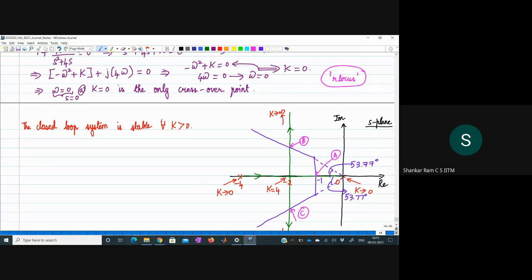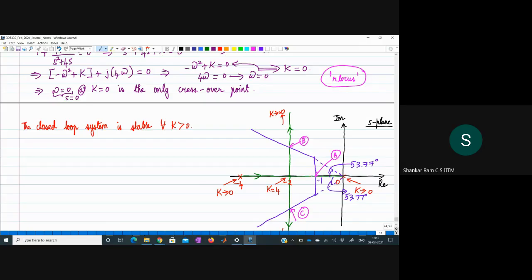Let me point out once again. Let's say I increase from k equals 0. This branch, which starts from 0, keeps on going, and at point A cuts the vertical line at -1 and gets into the open trapezoid.